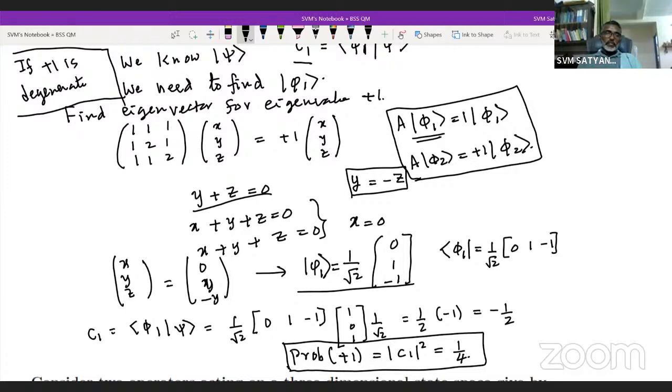Okay, I think this matrix is non-degenerate only.